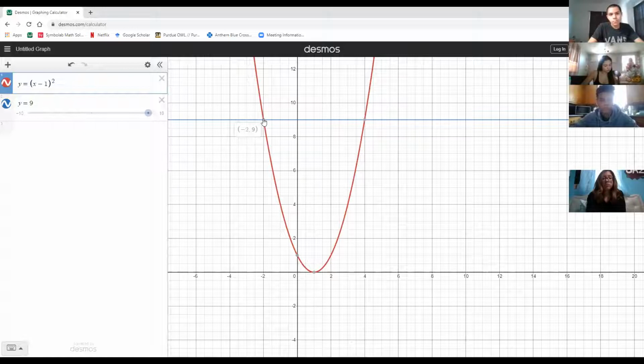And what's the x coordinate? Do you see the little negative 2 and 4? Oh, negative 2. What's the x coordinate over here? Positive 4. Negative 2 and positive 4.